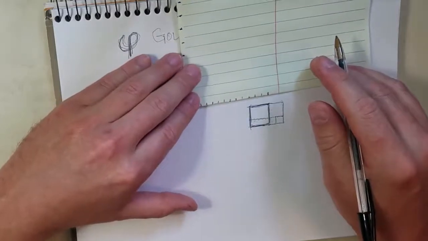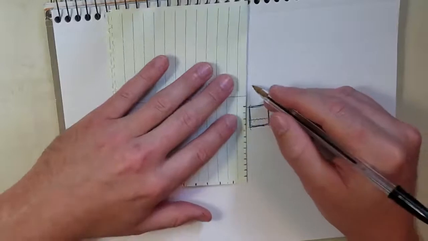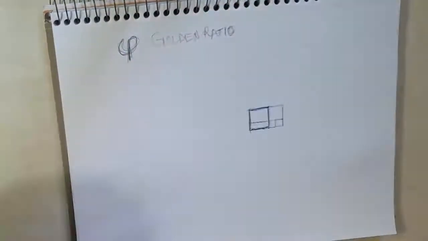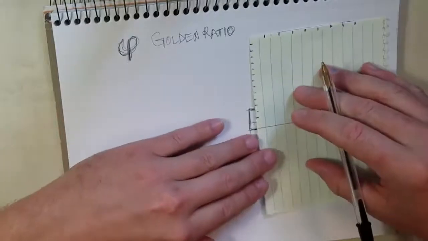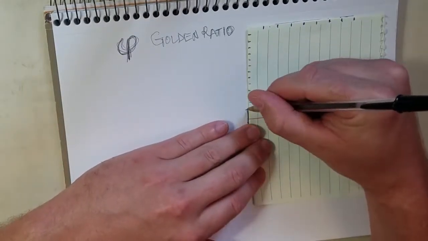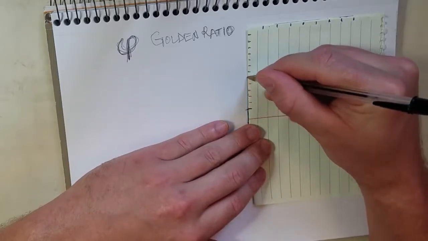And then, let's see, 2 plus 3 is 5. So, let's use 5 units. 1, 2, 3, 4, 5.